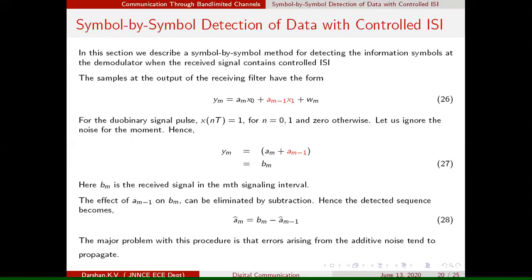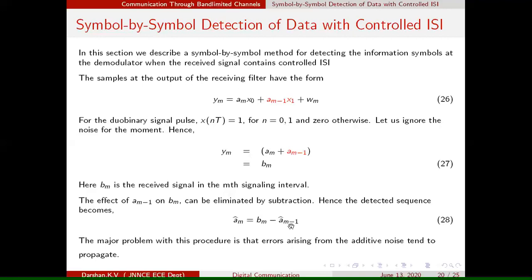You were subtracting. That we learnt in the previous class, and that has been shown over here. At the receiver, to detect the received sequence, you subtract the previously transmitted symbol.